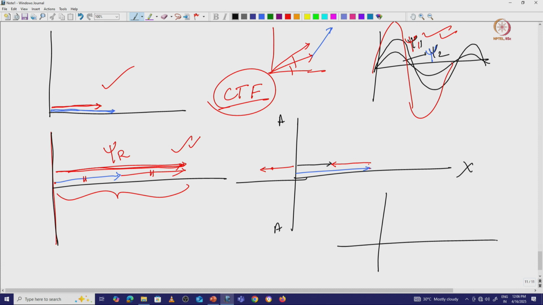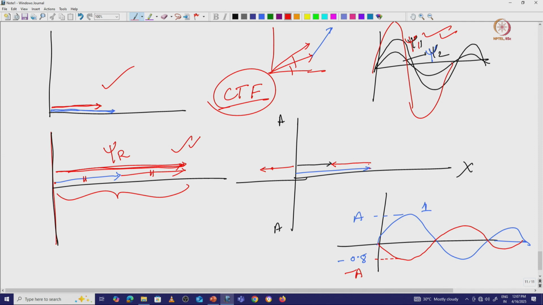If this is our x and y axis, one wave, that blue wave, this is the amplitude, and the red wave, this is the negative amplitude. So, you can see that amplitude. Here the amplitude is 1, here maybe 0.08, but negative, this negative amplitude is another wave that is going. In this particular case, if we want to add these two waves, what will happen?